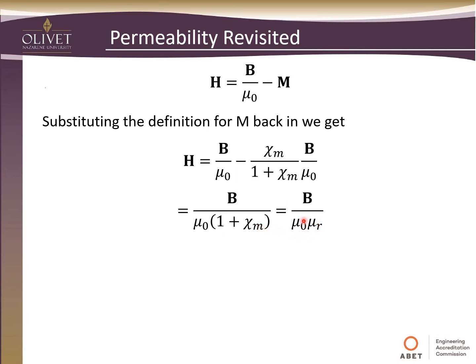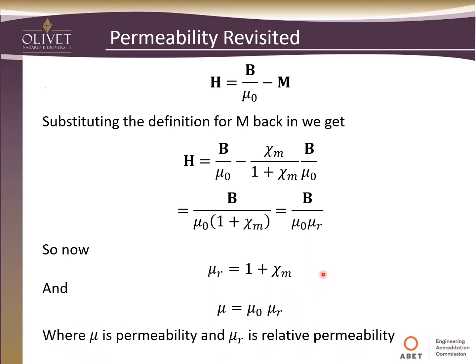Well, we're going to introduce a new term here, this mu sub r, which we're going to just arbitrarily say is 1 plus chi sub m, or 1 plus the magnetic susceptibility. And we're going to define just an overall permeability as the permeability of free space times this new mu sub r, which we're going to call the relative permeability.